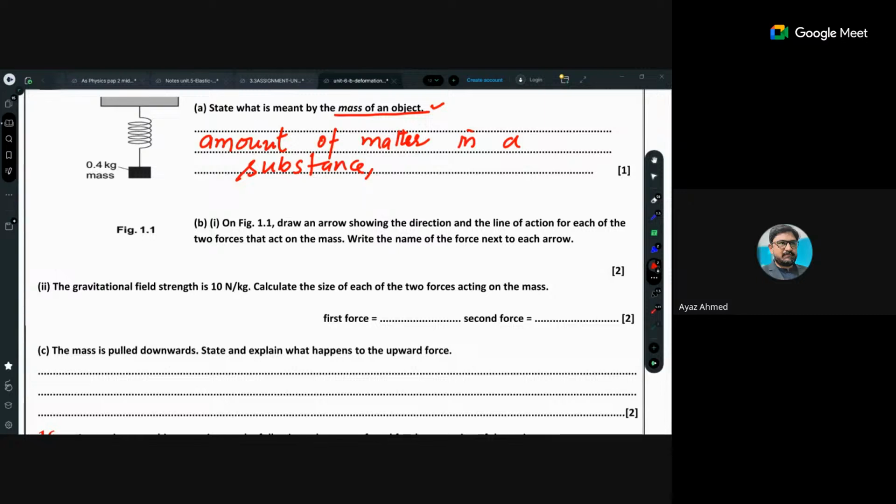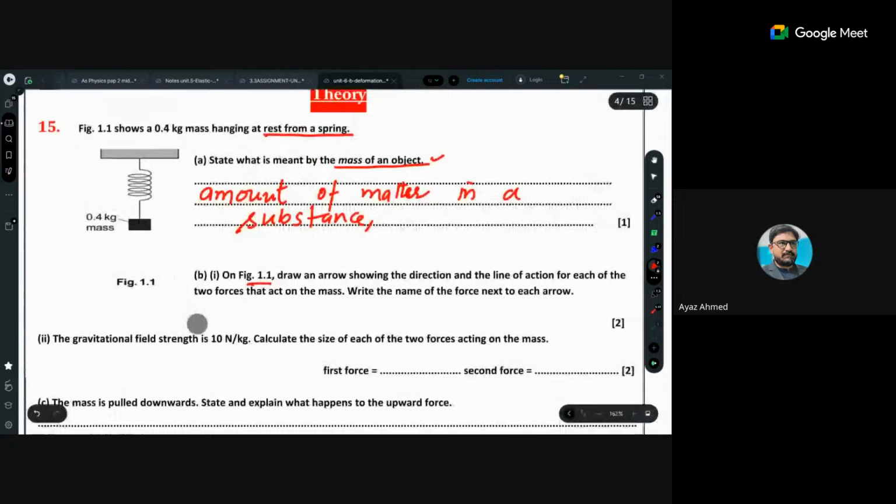It says that on figure 1.1, draw arrows to show the direction and line of action of each of the two forces that act on the mass. Write the name of the force next to each arrow. So which two forces are acting on this mass?